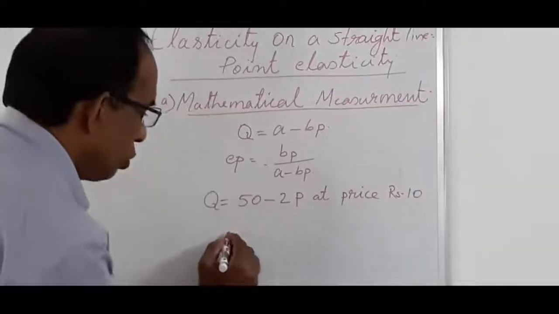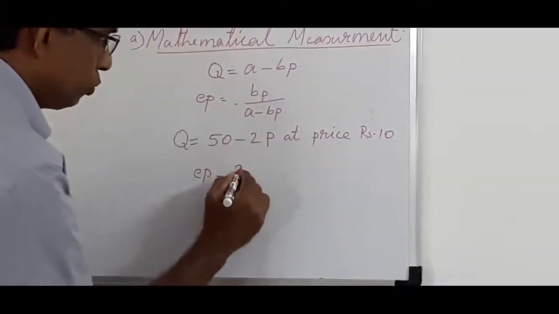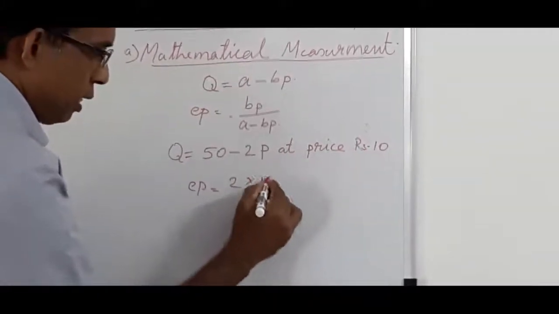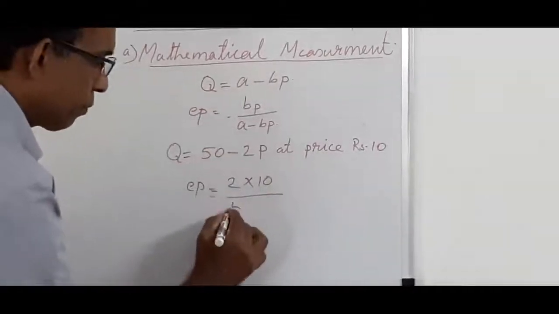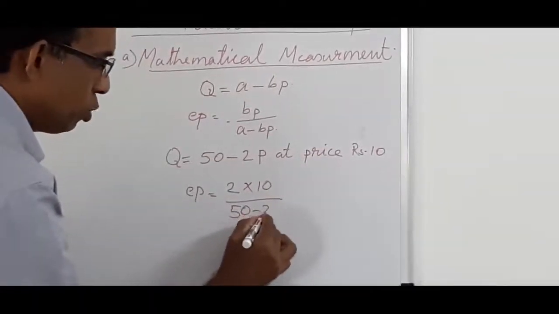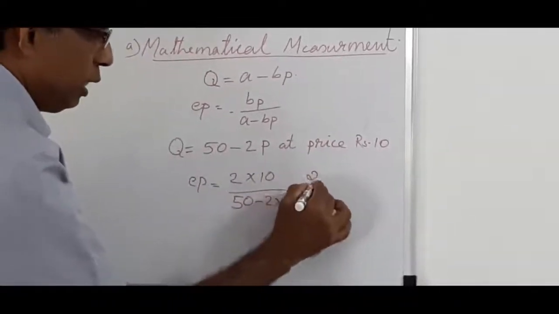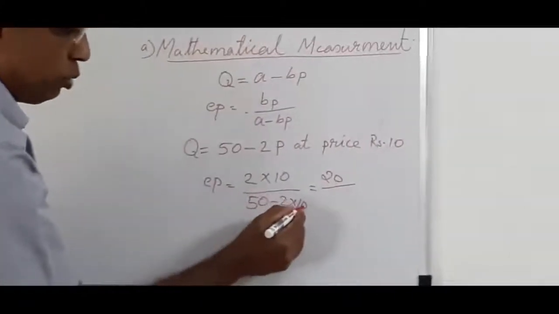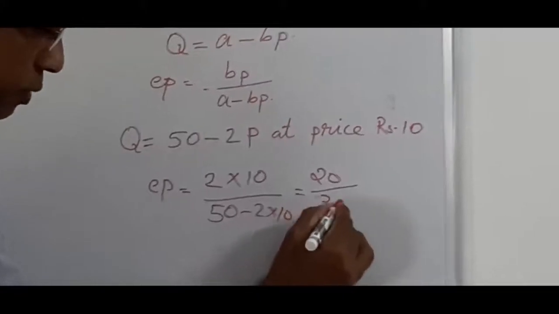EP is equal to B, we know in our example it is 2, into P, price 10, divided by A minus BP. A is 50, 50 minus 2 into 10, that is 2 into 10, 20. 50 minus 20, that is 30.